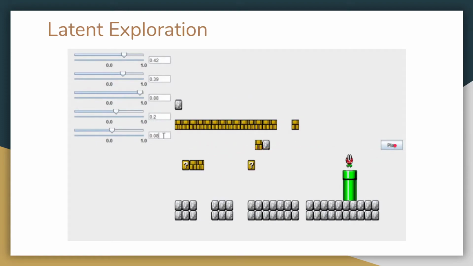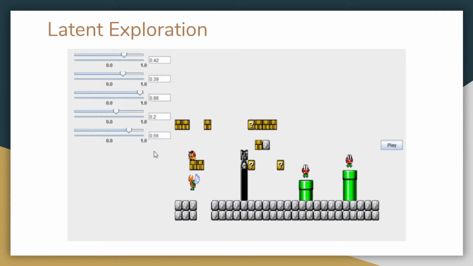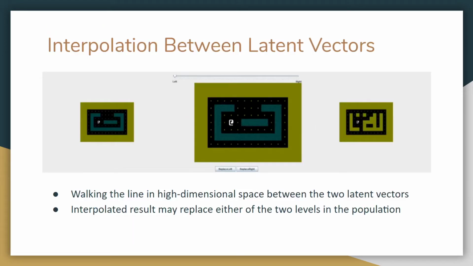And you can also click that play button there to play any of the levels that you explore. And the things that you modify here also modify the individual in the population, so that if you go back to evolving afterwards, those changes are maintained. Another option is interpolation between latent vectors.